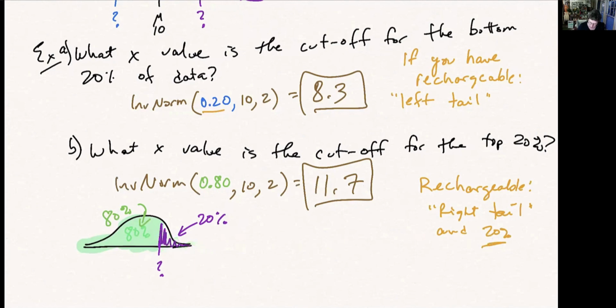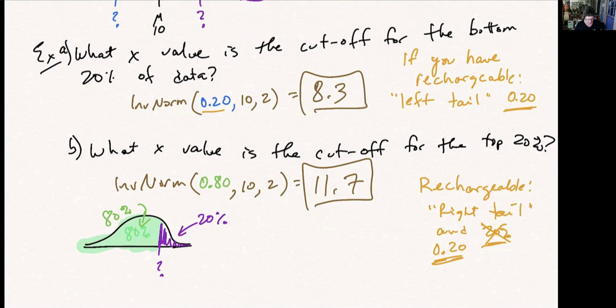Up here, you would also put in 0.20. Sorry, not the 20%, you'd put in 0.20, because remember, we only speak in percentages. We compute and calculate in decimals. So this is one of those places where having that rechargeable calculator makes your life a little bit easier.